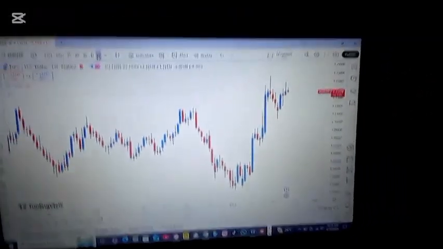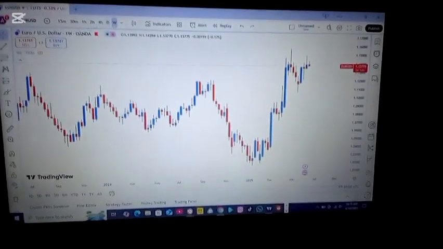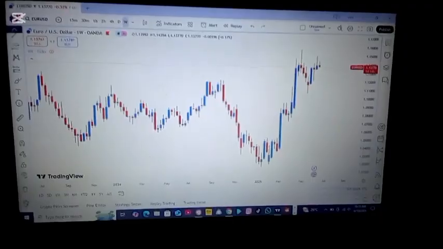Now I'm analyzing on the Euro USD, which is the most traded forex pair. Let us pull our tool right here.